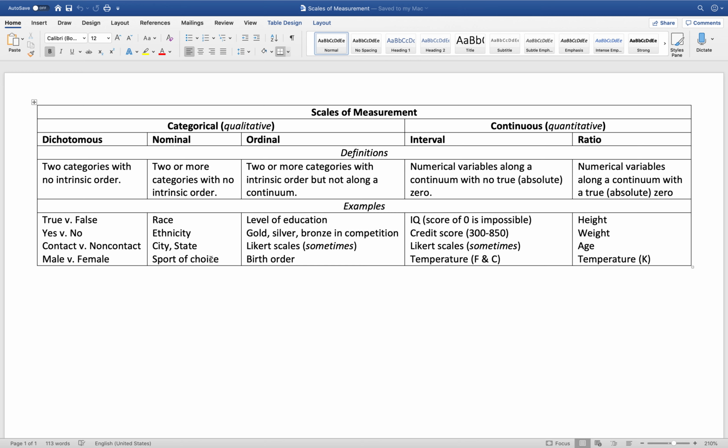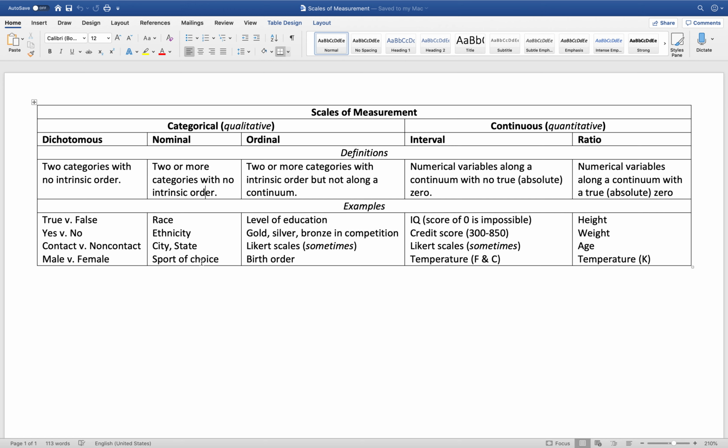I might say that boxing is better than golf. Me making that designation does not show intrinsic order, it shows extrinsic order, meaning that I am determining the order, as opposed to the order being there before I get to this particular arena.